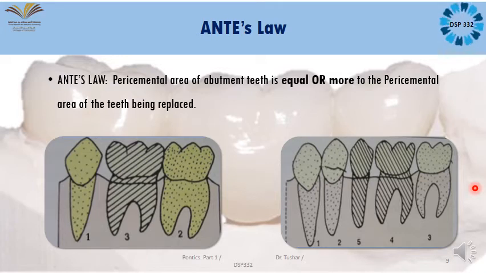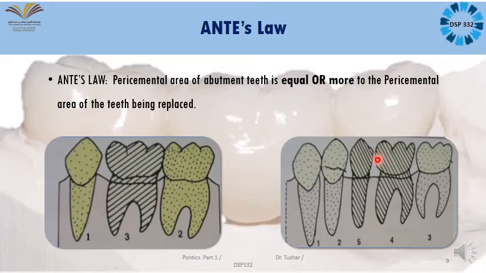Now I will go back. We will see another slide. Now, can you calculate this pericemental area? For example, the premolar's pericemental area was 2, right? Here the pericemental area is again 2. Here the pericemental area is 3. So 3 plus 2 plus 2 is equal to 7.